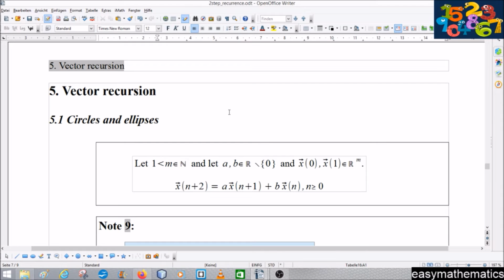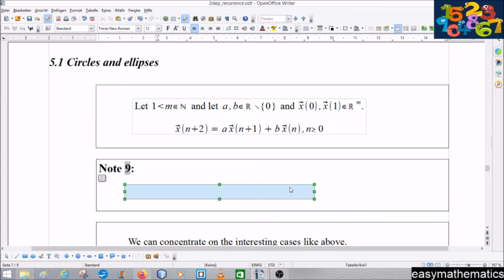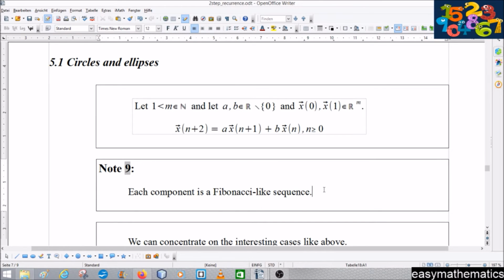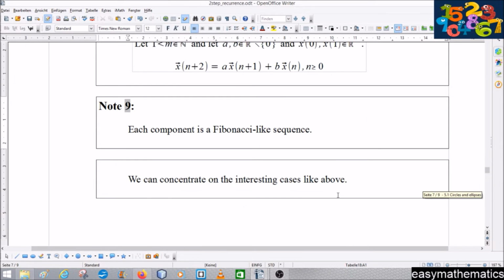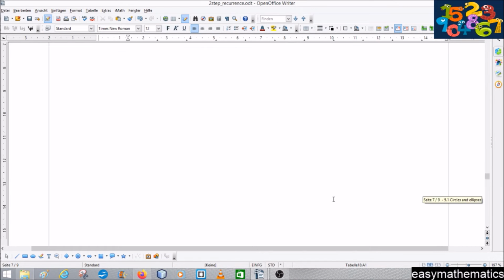Then we take a look at the Fibonacci-like sequence where we get the next vector as a linear combination of the two previous ones, like above. I want to note that each component is a Fibonacci-like sequence.